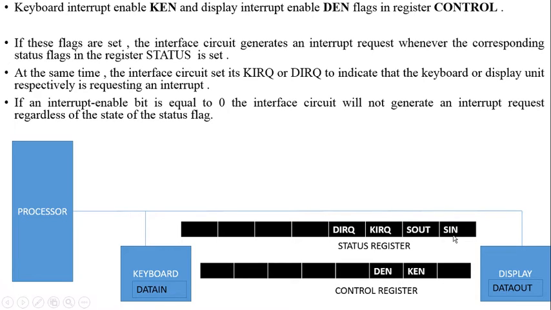SIN indicates that the keyboard is loaded with a new value, in order to pass that value to the processor. And DEN and KEN: DEN means display enabled bit, KEN means keyboard enabled bit.